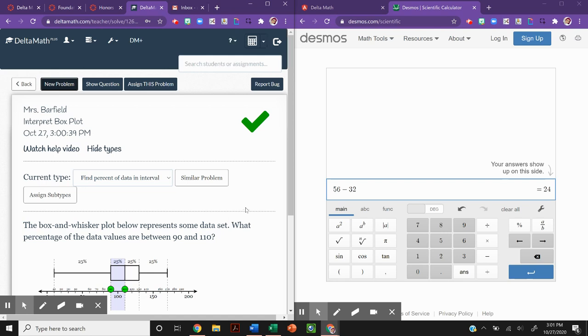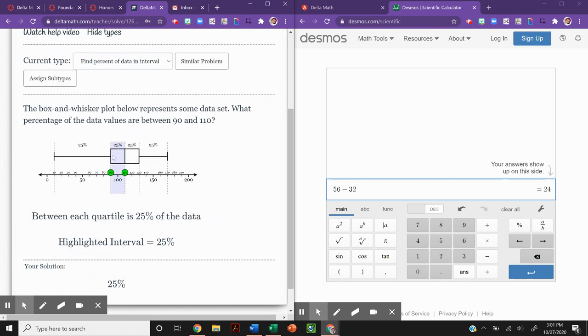Submit, got my green check. So I looked between those two values. Every interval on the box plot is 25%. From the minimum to quartile one, from quartile one to the median, from the median to quartile three, and quartile three to the maximum, each space is valued at 25%.